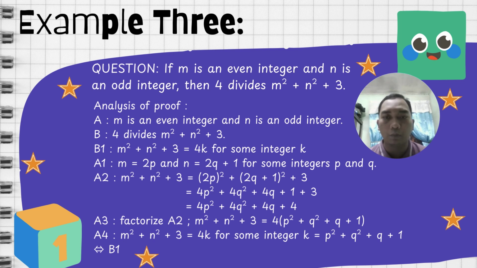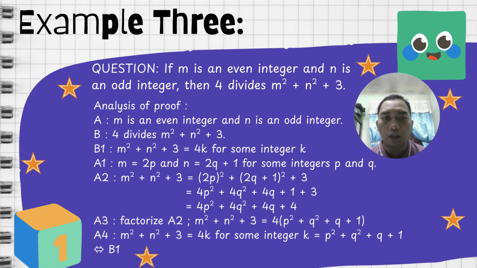First, we do the backward method, starting from the B statement. So we have B1, m squared plus n squared plus 3 equals 4k for some integer k. This is the definition when the question says 4 divides m squared plus n squared plus 3. And then we proceed with the forward method.